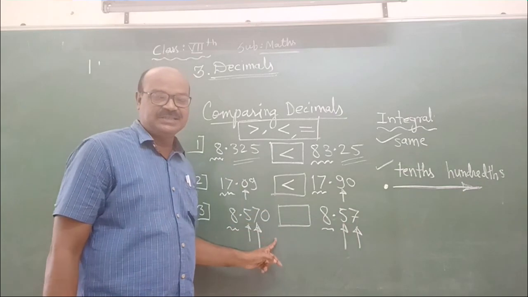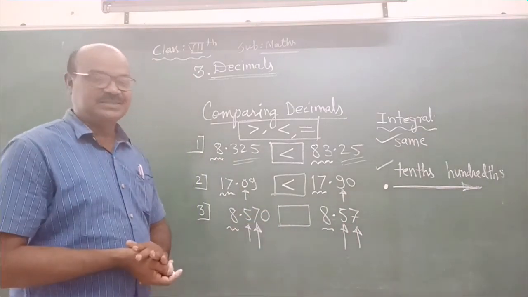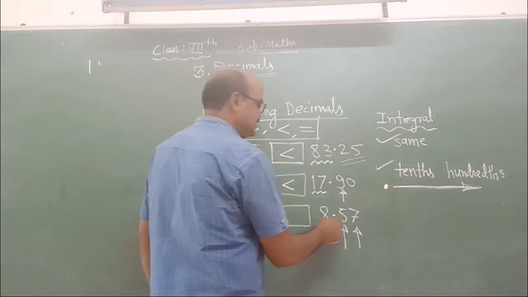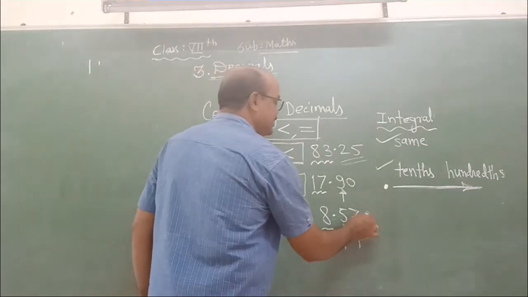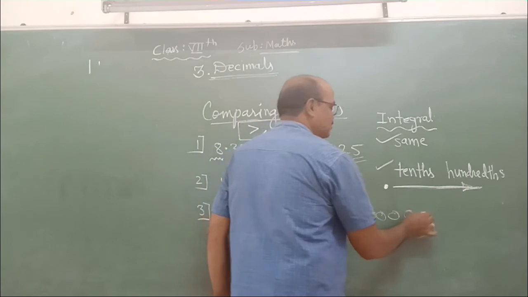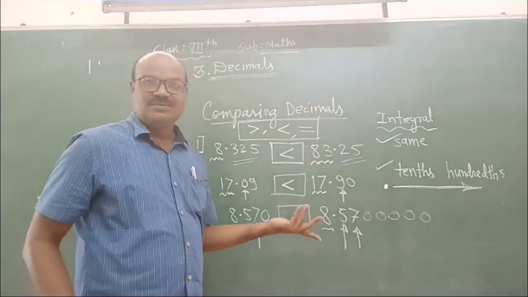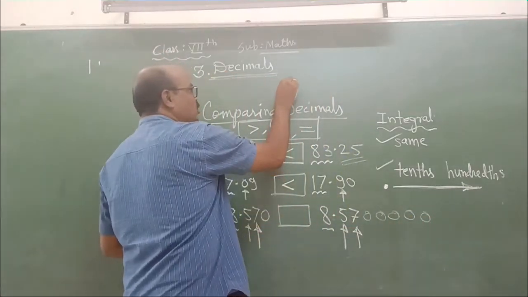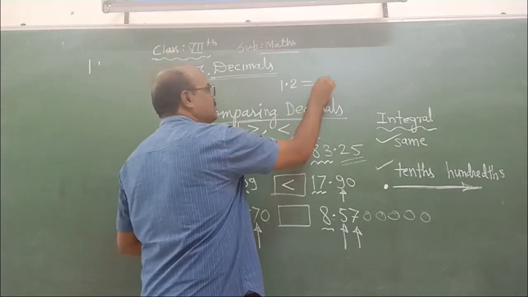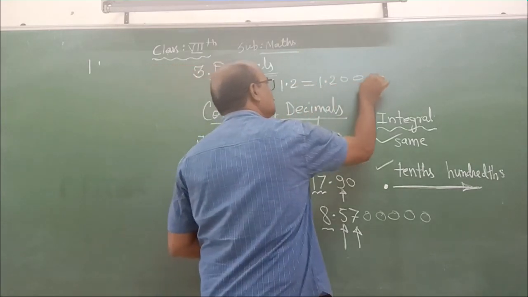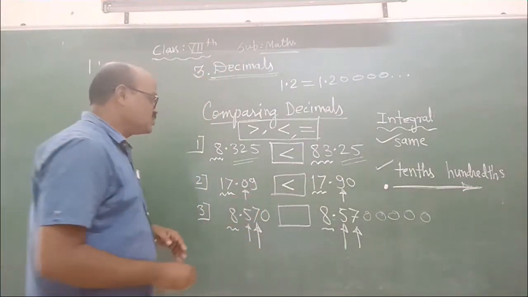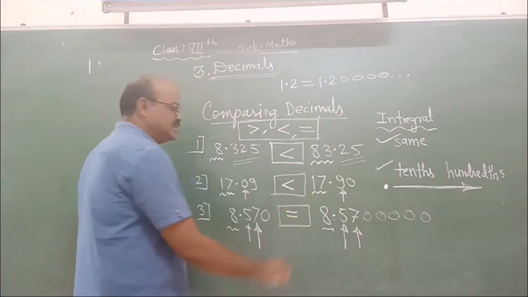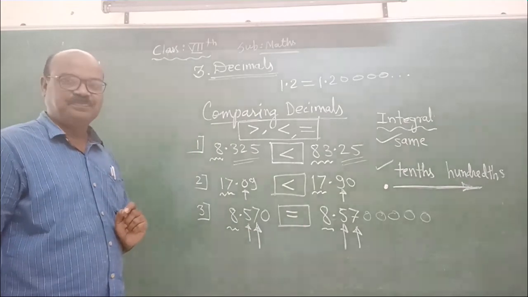Here 0 is there, but we know students that after decimal point, after the completion of all the digits, we can write infinite number of zeros. Of course 1.2 is nothing but 1.20000 and so on. We know it very well. So students, both these decimals are same.